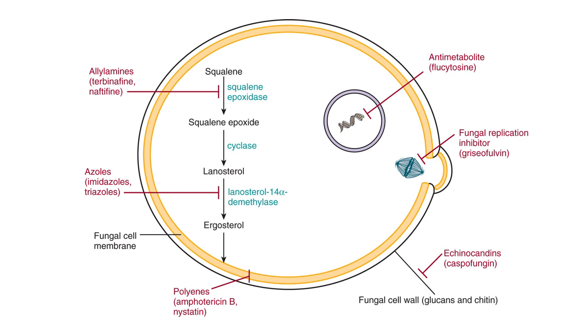So these molecules polymerize to form the fungal cell wall, and echinocandins inhibit the polymerization of those molecules and therefore inhibit the synthesis of the fungal cell wall. Much like in bacteria, where we inhibit the polymerization of murein through cell wall synthesis inhibitors.